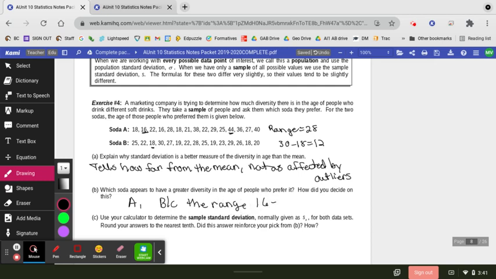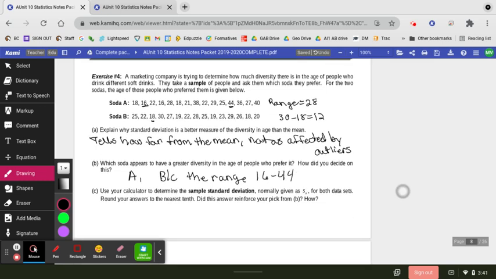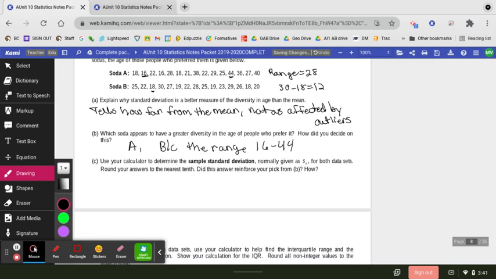It goes from 16 to 44. C, use your calculator to determine the sample standard deviation, S sub x, for both sets of data. Round your answer to the nearest tenth.